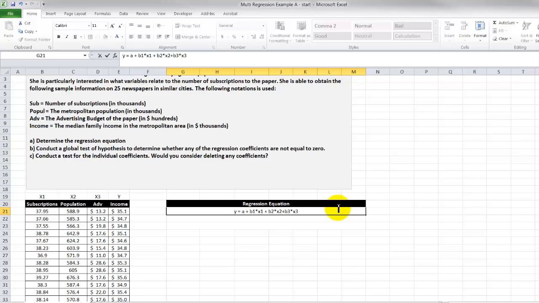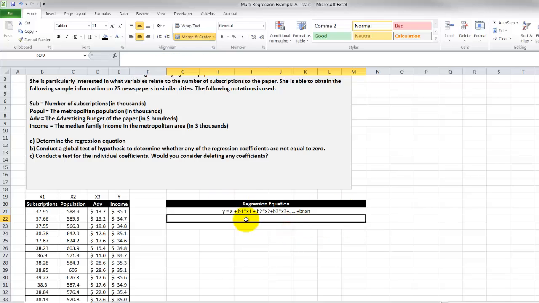And that's it. We only have three independent attributes, so we only have to go as far out as x equals 3. Now, if you were to extend this to multiple x values, I just want to write the general form of this equation for your own benefit. Plus ... all the way to bn xn. So if we had 100, it would go from 1 all the way to n of 100 in this series. Okay, so that's the general form.